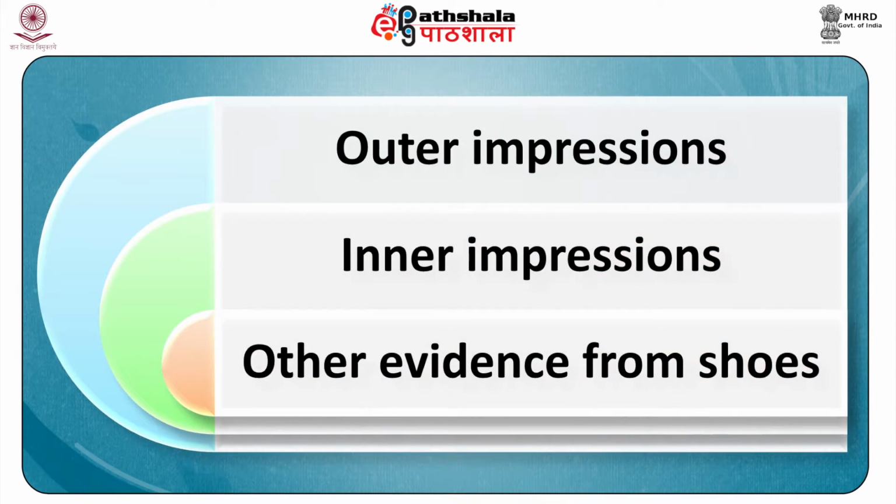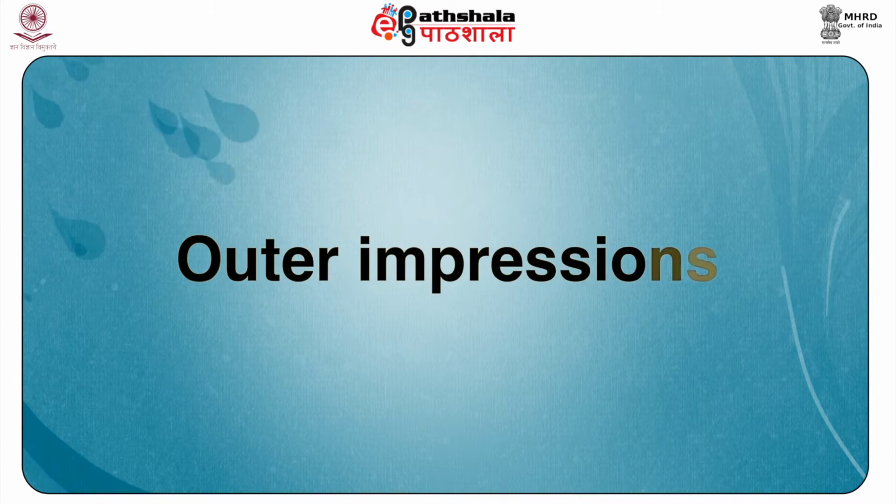The information from a shoe can be obtained in three different ways: the outer impression, the inner impression, and other evidence from shoes. What is an outer impression? They are the imprints left on any entity that were produced by interaction with footwear.